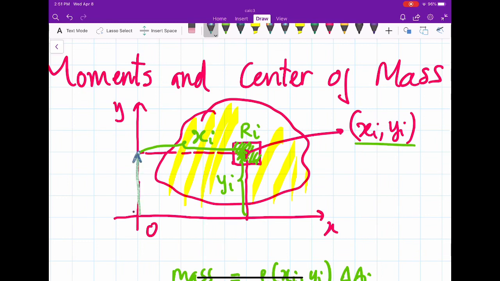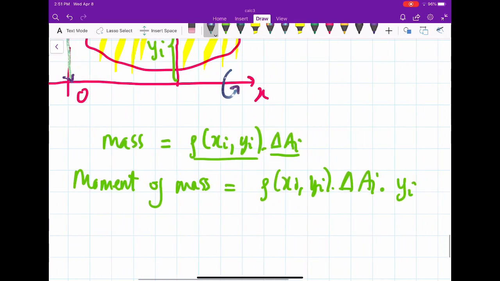That is the yi. So this is the moment of rotation about the x-axis. You have to multiply the mass with the distance from that point to the x-axis. That's why you have to multiply with the yi right here.